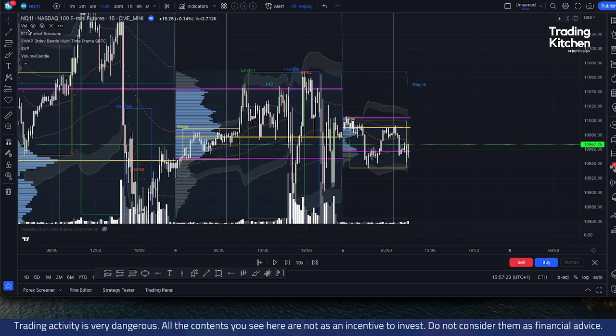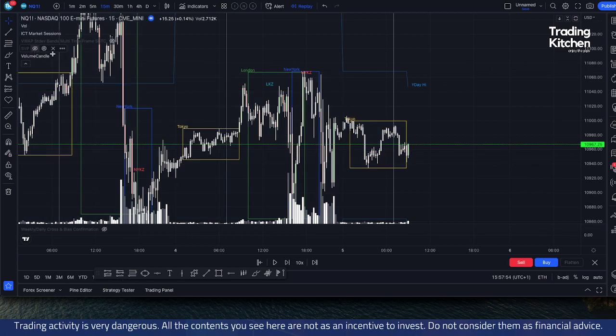We have all these indicators that basically are not indicators, but are just better visual things to help identify the possible important levels in which price could react.